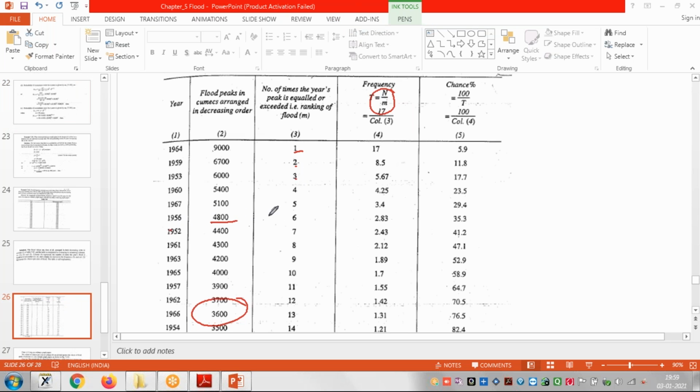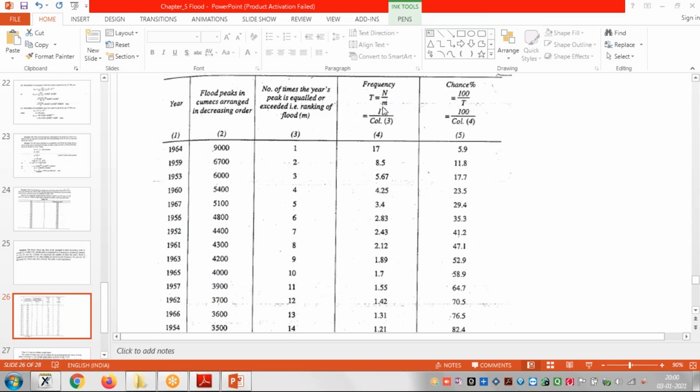The rank of this flood is what? Sixth. The rank of the 1965 flood of 4,000 is 10th. Now, once we know that rank means this M value, M is equal to 1, M is equal to 2, M is equal to 3, then M is equal to 4, likewise.